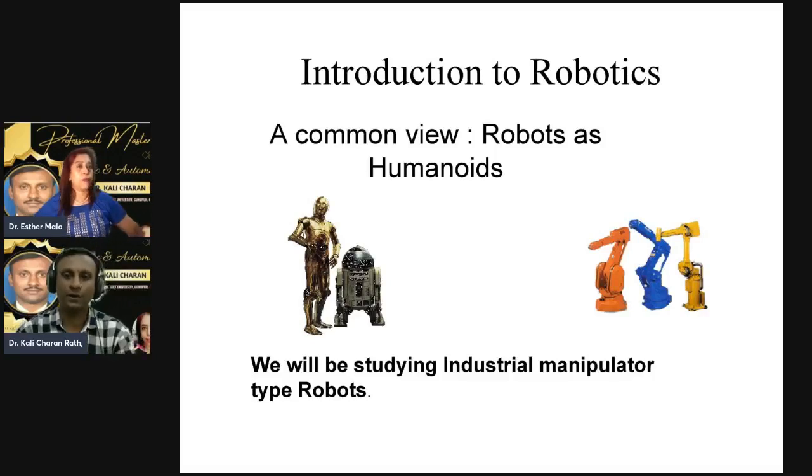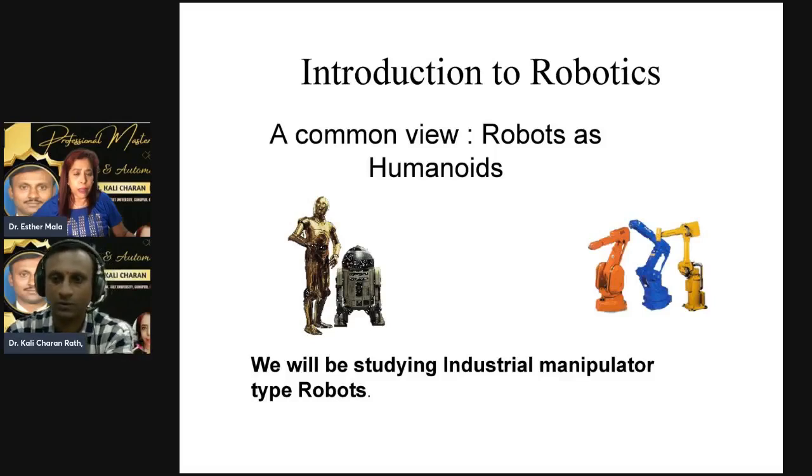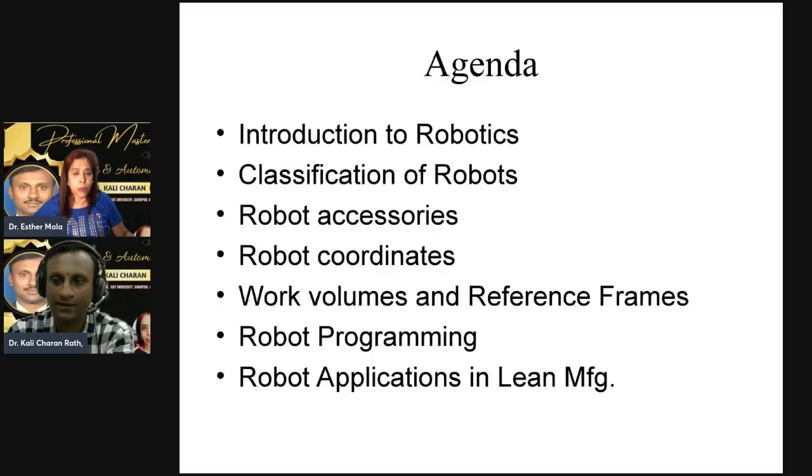Your slides are not moving, Dr. Charan. Your slides are not moving. Now, can you see the arrow on the slide in the middle bottom? Yes, now is it okay? You have to click the arrow to move over.